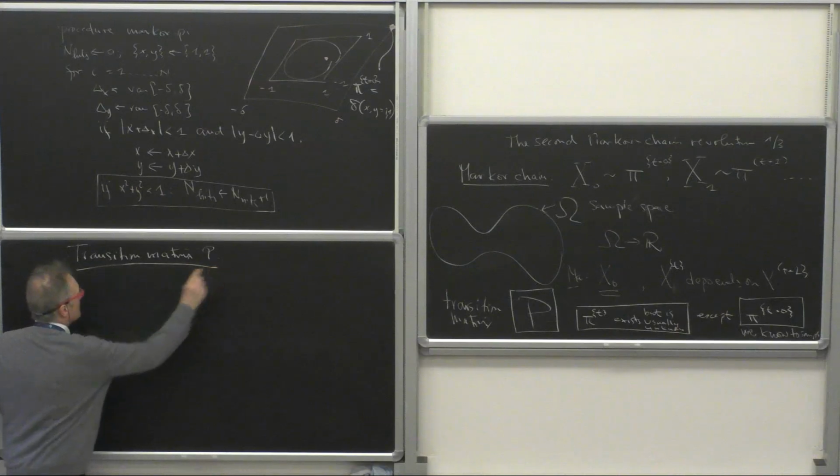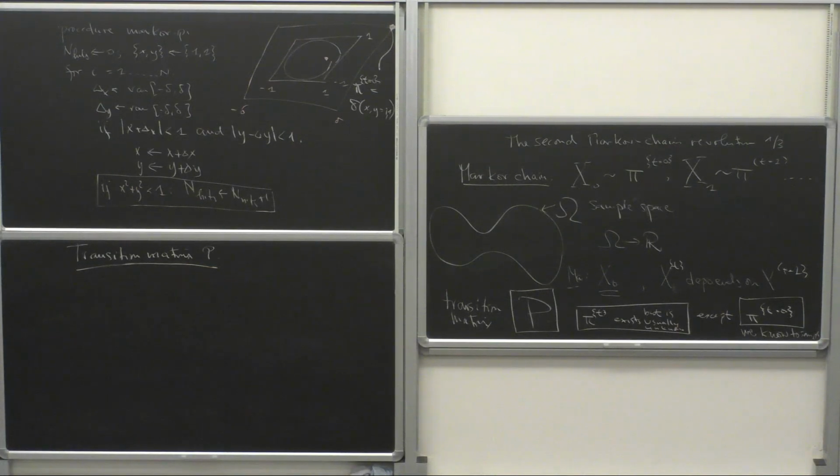The transition matrix P is an object that has two meanings. It has two objectives, two jobs, a day job and a night job.